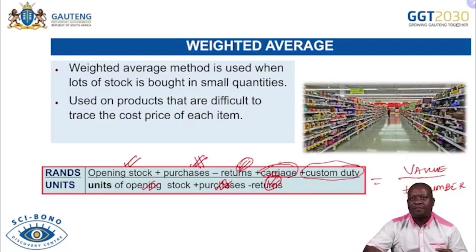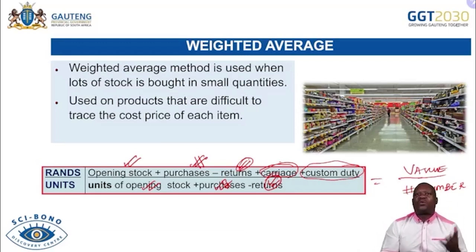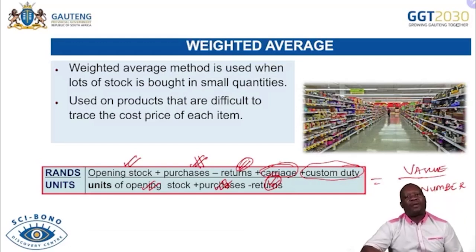Please take note. Now, after doing this, we are going to find the average cost per unit. When we know the average cost per unit, we are left with just one more step. How many units do we still have? So if there are 10, we multiply by the cost per unit to find the total closing stock value. Very important.